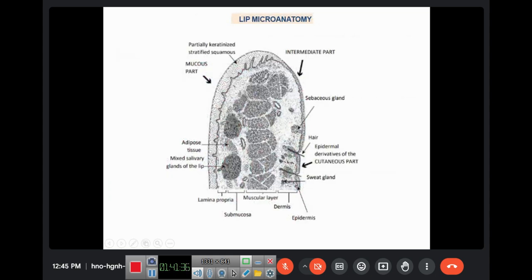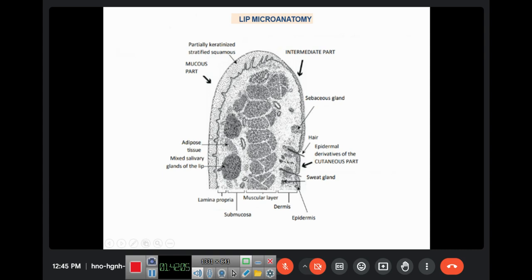Another example of the lip microanatomy. So in the middle of the lip we have the muscle layer with striated muscle tissue of muscle fibers. Cutaneous or skin part has the epidermis and dermis with hair, sebaceous glands and sweat glands.